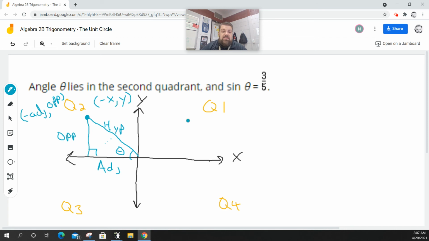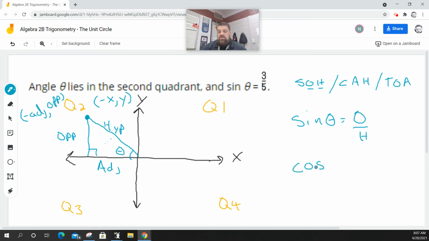So let's label this. Sine of theta, if you think of SOHCAHTOA, that's horrible handwriting. It's so hard to write on one of these things. SOHCAHTOA means that sine of theta is equal to the opposite over the hypotenuse.